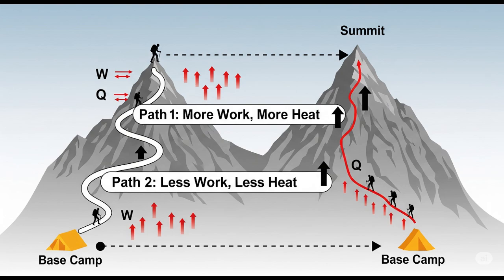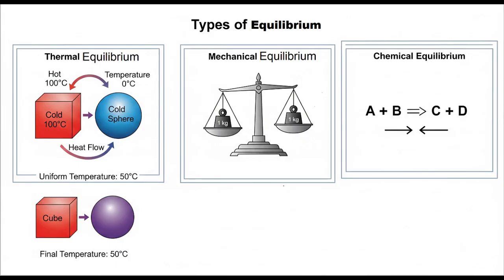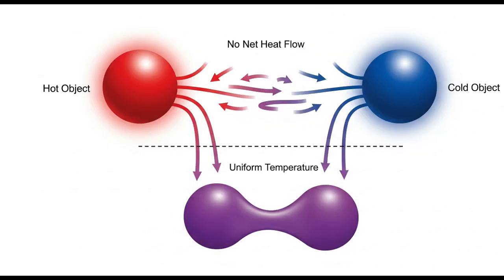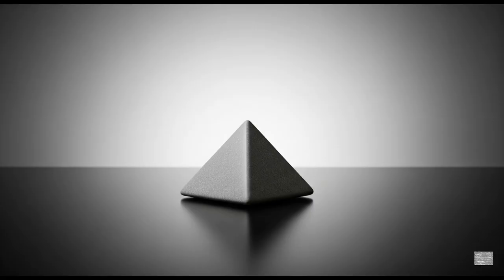One of the most important concepts in thermodynamics is equilibrium. A system is in equilibrium when there are no driving forces for change. We often talk about different types of equilibrium: thermal, mechanical, chemical. Thermal equilibrium is when there is no temperature difference within the system or between the system and its surroundings, no net heat flow.